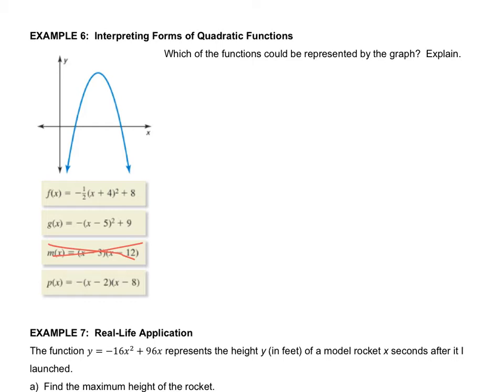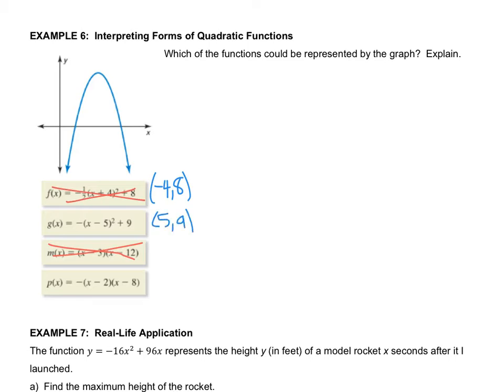And now let's look at other characteristics we can eliminate. F has a vertex at -4, 8. And this vertex is clearly at something positive. -4, 8 will be over here. So it's not F. Let's look at G. G has a vertex at 5, 9.